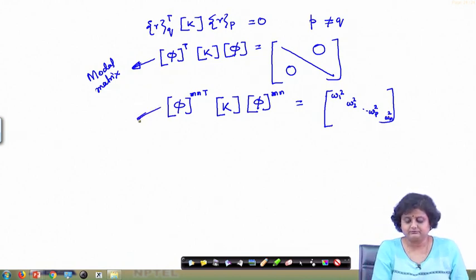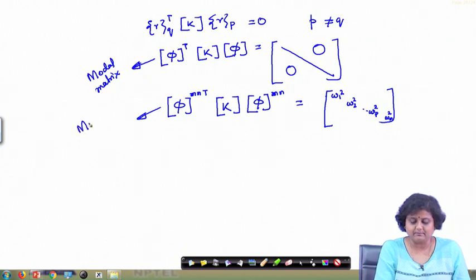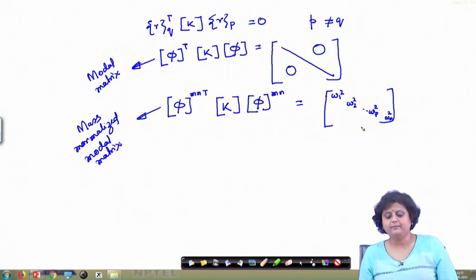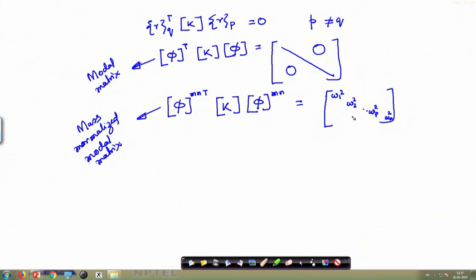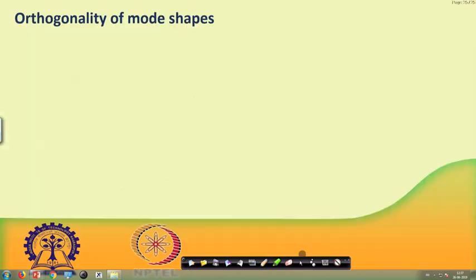So, if phi n transpose is the mass normalized modal matrix, phi n transpose K phi n is going to be a diagonal matrix whose diagonal terms are nothing but the square of the corresponding natural frequencies. With this we are going to move on to our next slide.